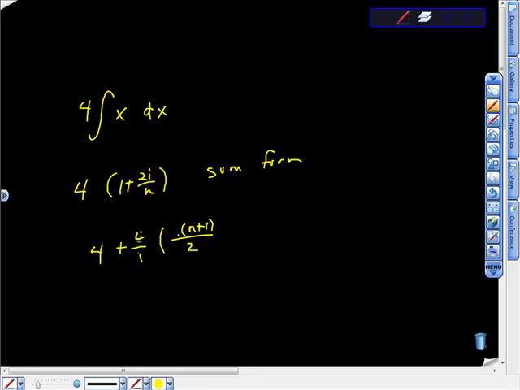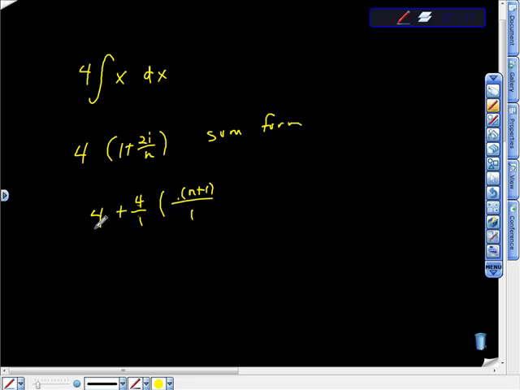This goes to 4. Oh, remember, times 2 over n, right? That's what I was going to get lost on. And the summation of this would be 4n, wouldn't it?